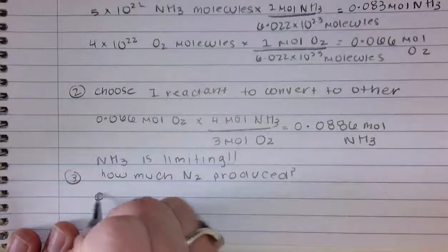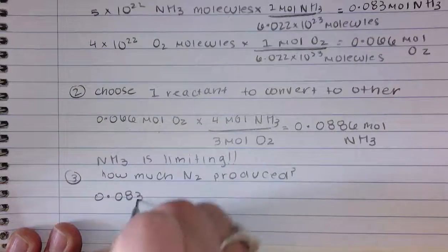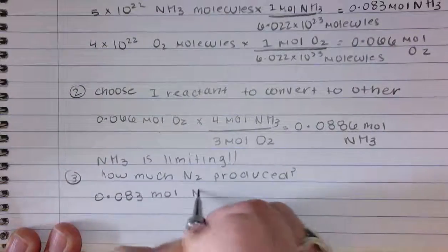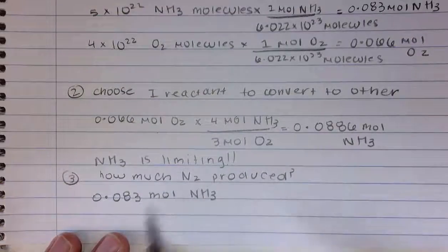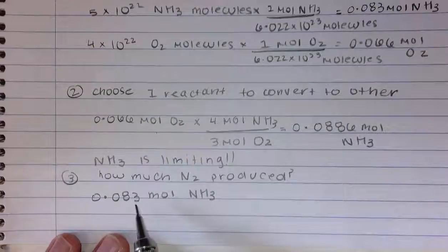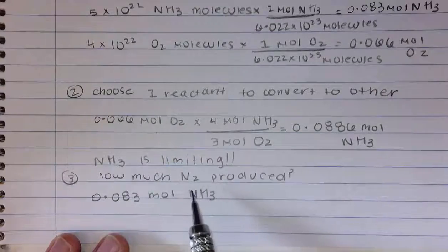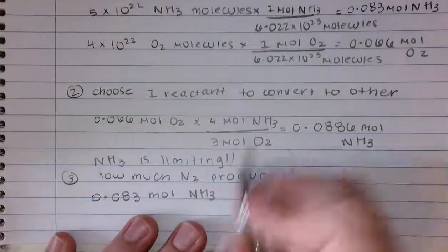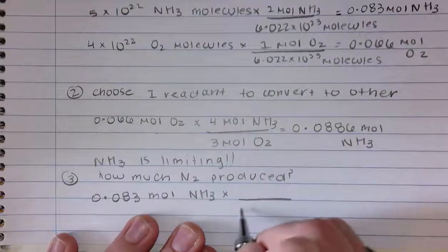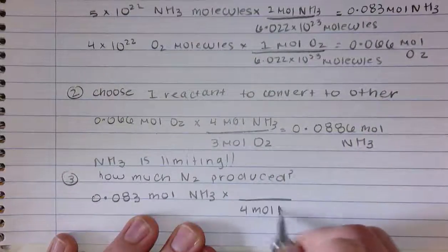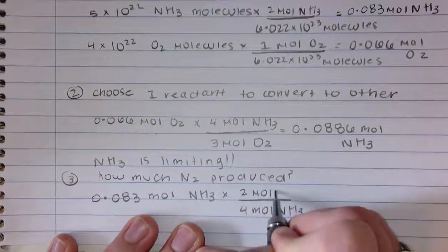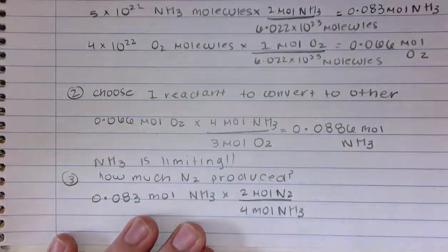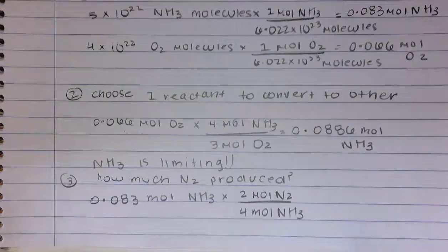So we're going to take 0.083 moles of ammonia, and we're always going to start with our limiting reactant. Once we know what it is, we're going to start with it to find how much of something's produced. So we can use the fact that for every 4 moles of ammonia, we produce 2 moles of nitrogen. And that's just based on our balanced equation.